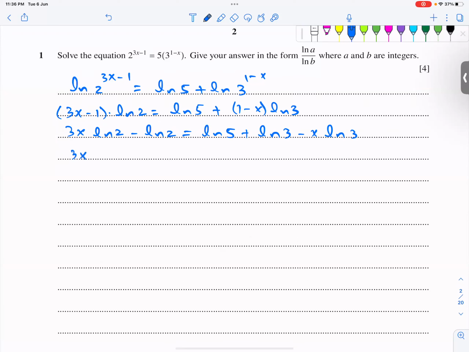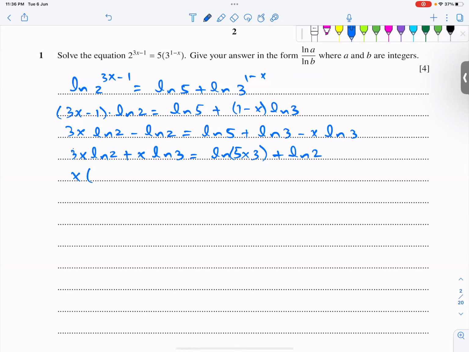So this will be 3x ln 2 plus x ln 3 is equal to ln 5 plus ln 3, which will be ln 5 times 3, and then plus ln 2. Now take x common.